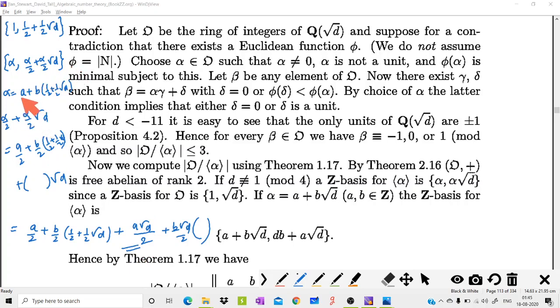Using this alpha and this, you can write the transition matrix. On the other hand, there is an easier way. We can think of a general element, as we already discussed in the previous cases.